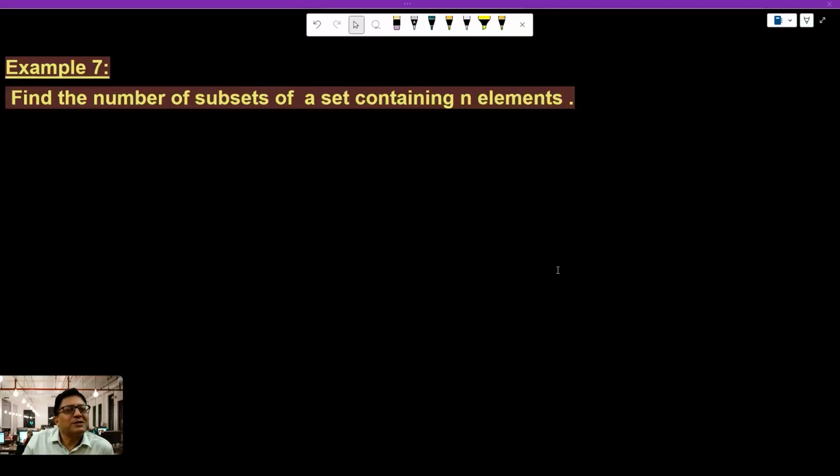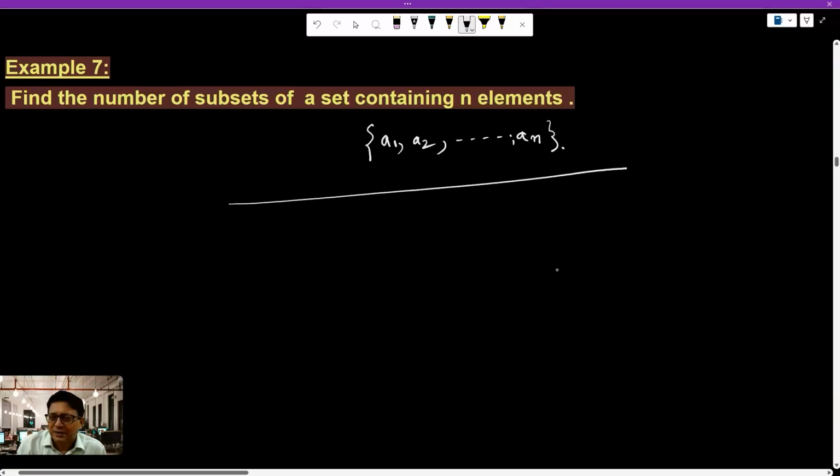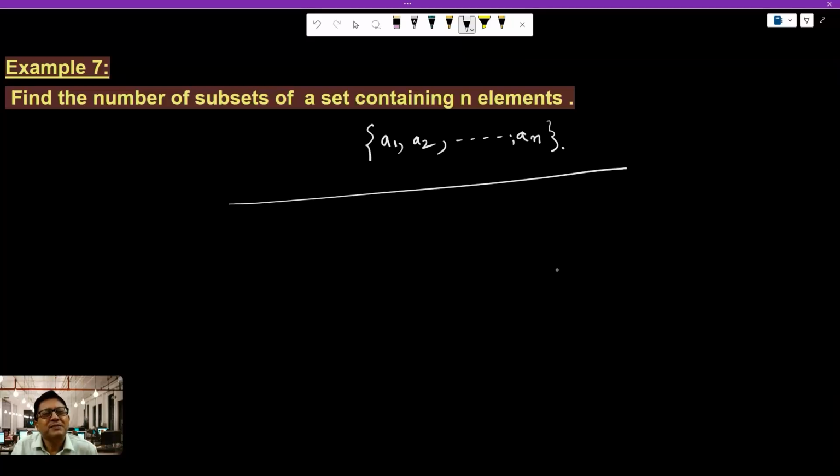In this context, I want to discuss a very old problem: the number of subsets of a set containing n elements. Elementary idea of a set you have. Elements are written by using commas within braces. These two braces are there.